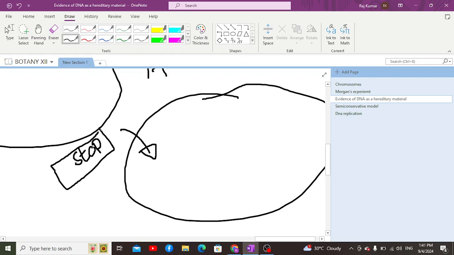When the culture free of DNA was injected into the mice, the mice stayed alive, as no transfer of hereditary material from the dead virulent S strain to the alive non-virulent R strain occurred.